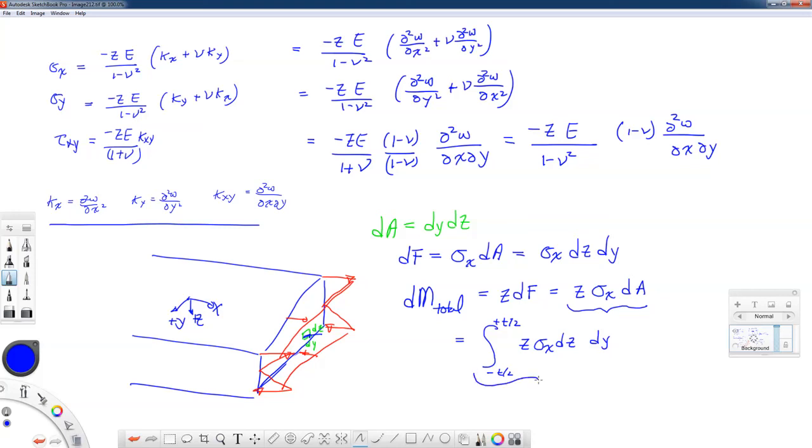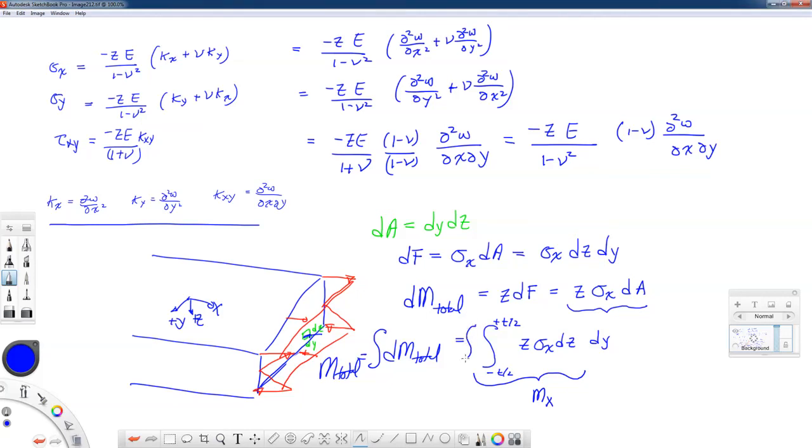I'm going to define this term right here as the term mx. Now, the moment is an area integral over the whole thing. Let me back up. I need to be a little bit more careful how I do that. I guess we can use this that I have right here.